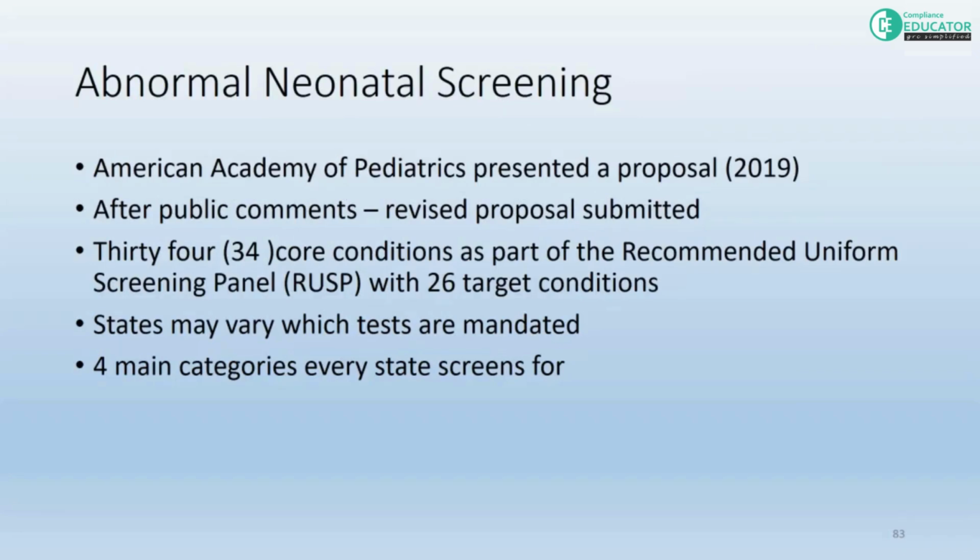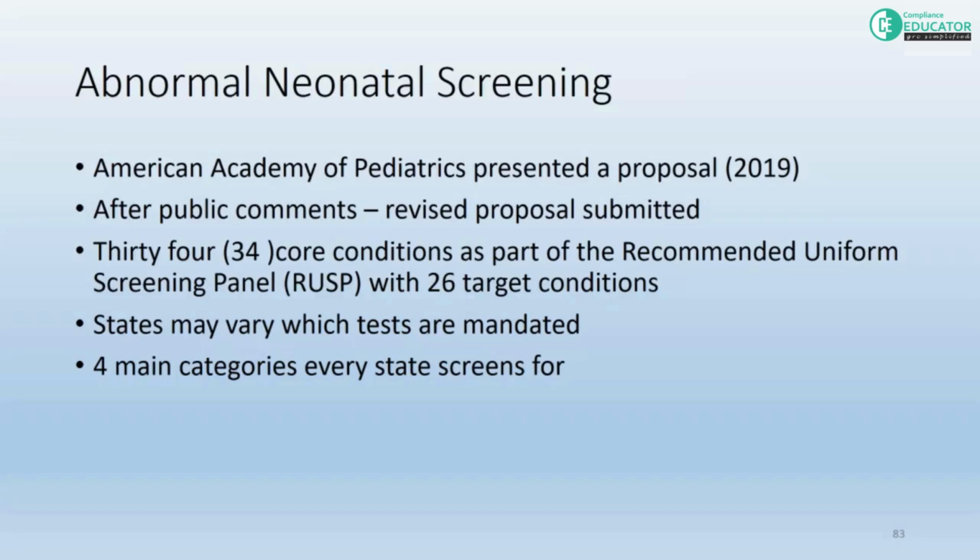We have 34 core conditions that are part of this recommended uniform screening panel, with 26 target conditions. We have a listing of disorders that are recommended by the Secretary of the HHS department for states to screen as part of their universal newborn screening.